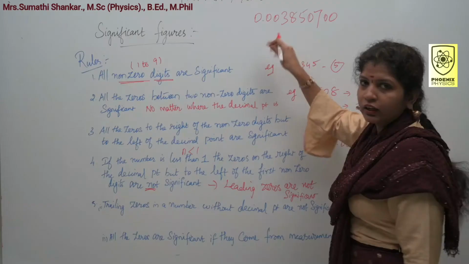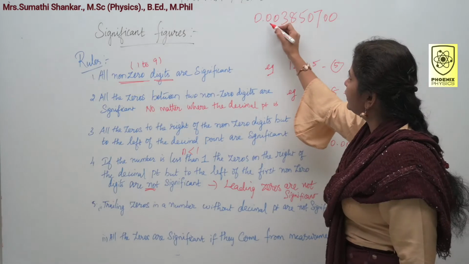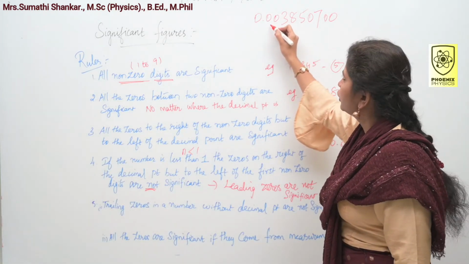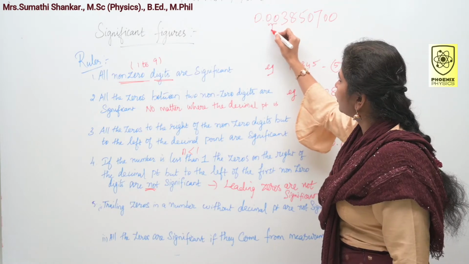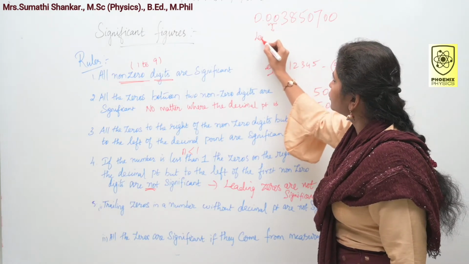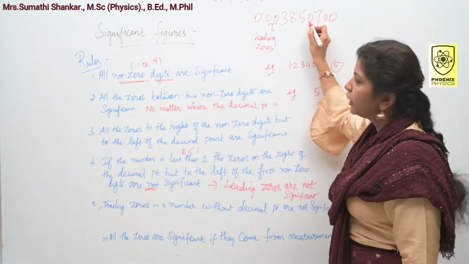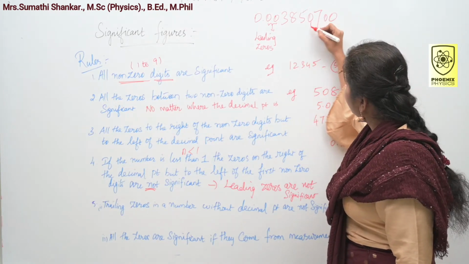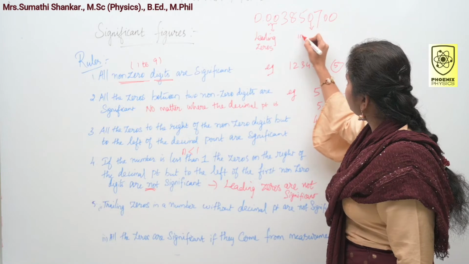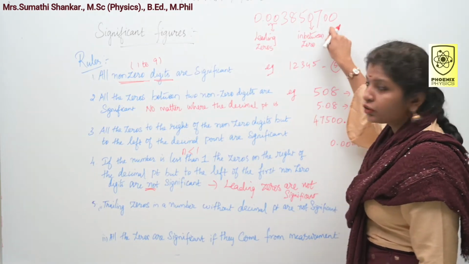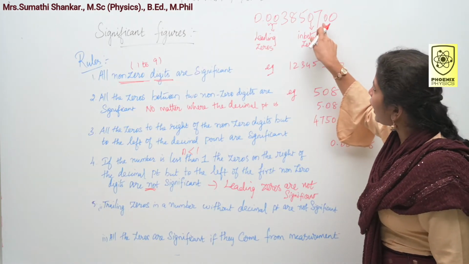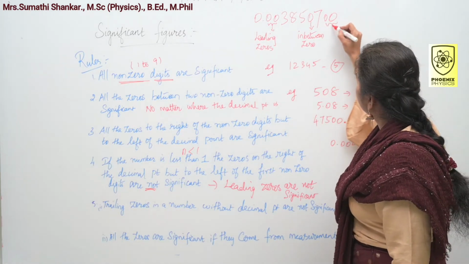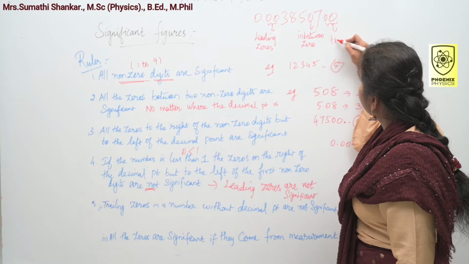Look at the number. This is the number. Here after the decimal point I have two zeros. So these two zeros are called leading zeros. This zero is in between two non-zero digits, and these two zeros are after the non-zero digit, so these two zeros are called trailing zeros.